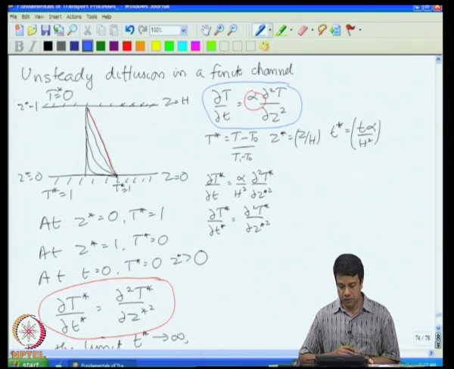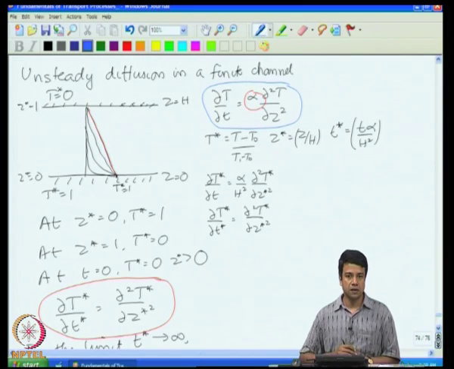And therefore, I can get only one time scale out of this problem, which is h square by alpha. So, I can define only one dimensionless time as t alpha by h square. So, that was the rationale for choosing this dimensionless time.